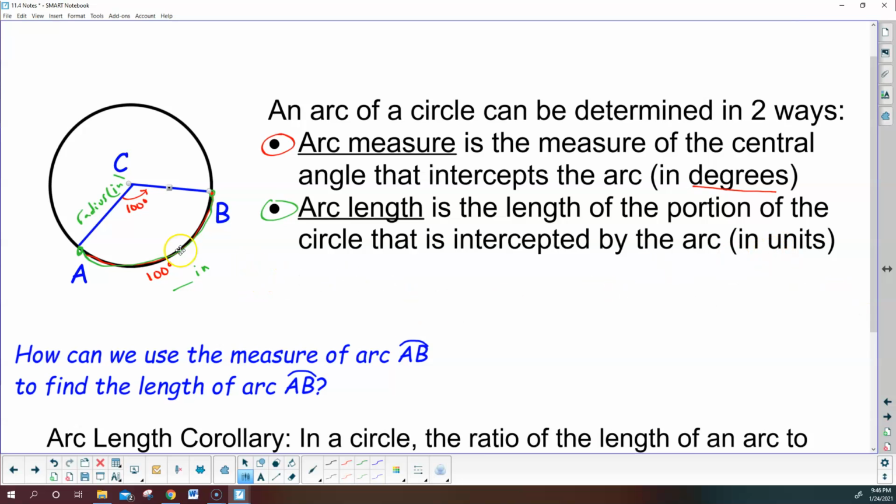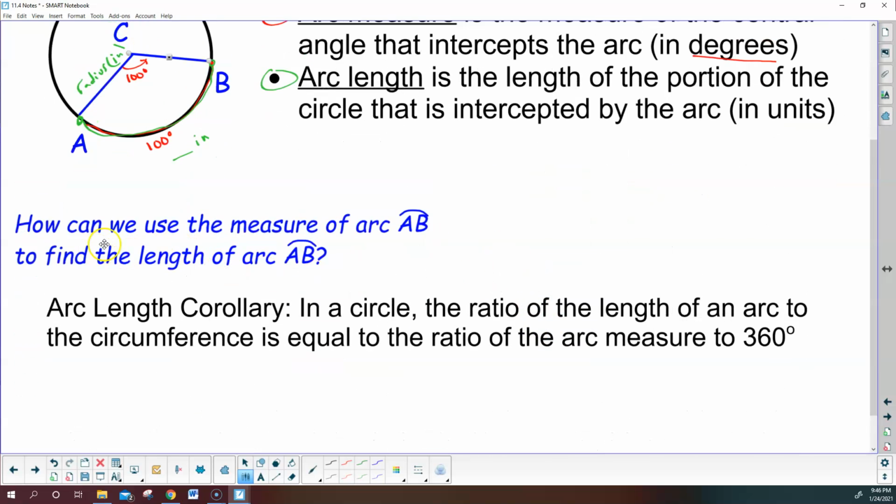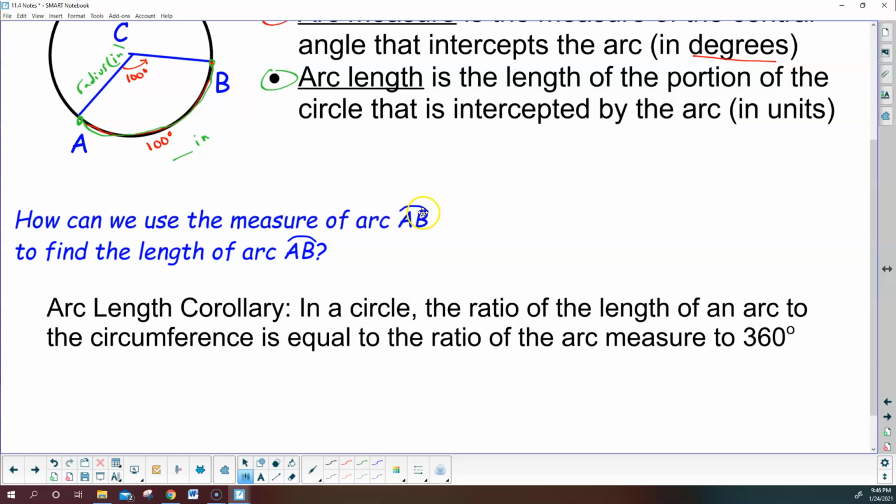So how do we find the length of the arc from A to B? How can I use the fact that it's 100 degrees and compare that to the length of the arc?